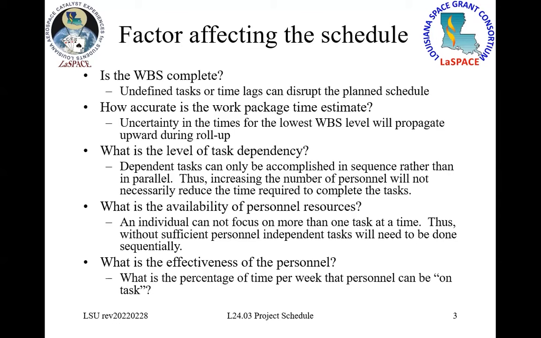How much dependency do you have on the tasks? If everything is sequential, then you're going to have one kind of schedule. However, if you can make things run in parallel, that will help reduce the total calendar time that you have to go through in order to achieve your schedule.